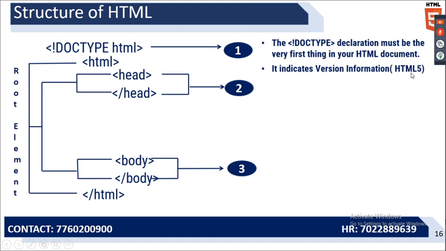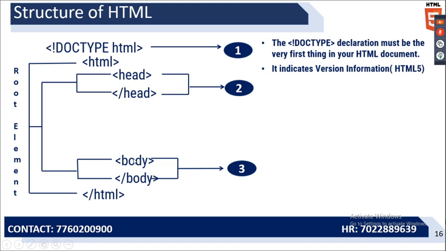Previously we used to write 3 to 4 lines of code to indicate the version information, like for example HTML3 and HTML4. But in HTML5, they reduced it to this doctype html. So remember, it should be the first line and it indicates the version of HTML. Whatever document you see, if it has doctype html, consider it the HTML5 version.